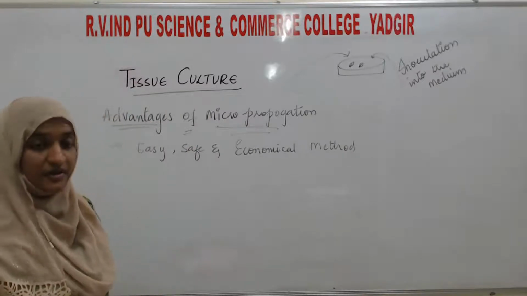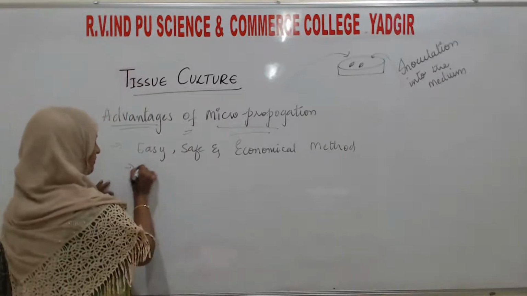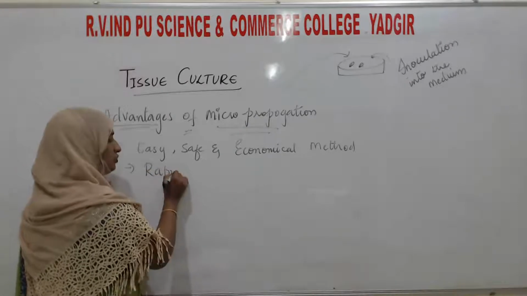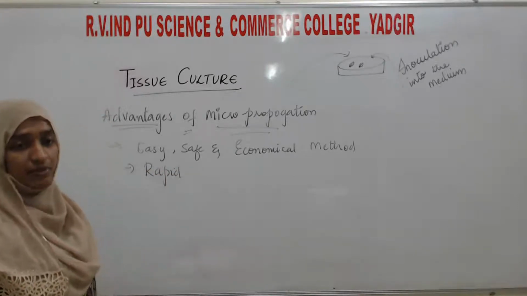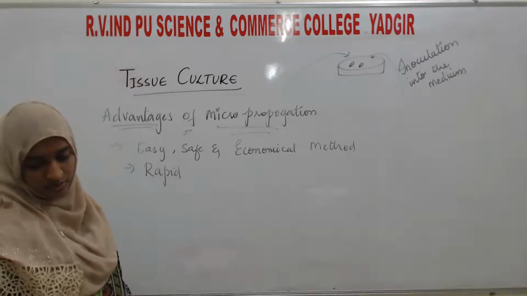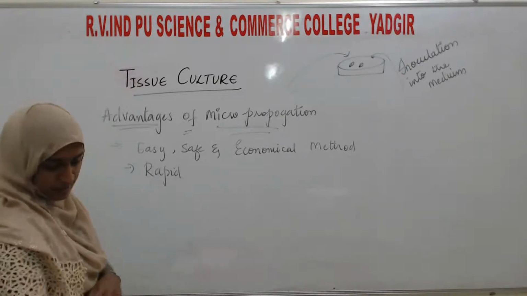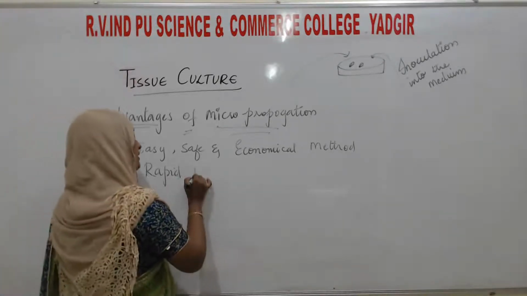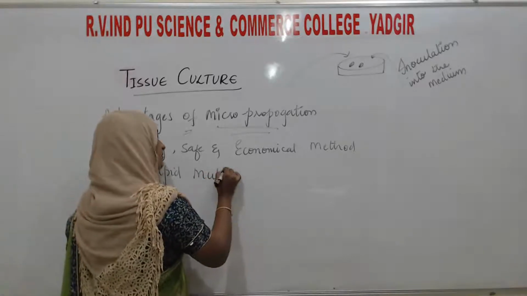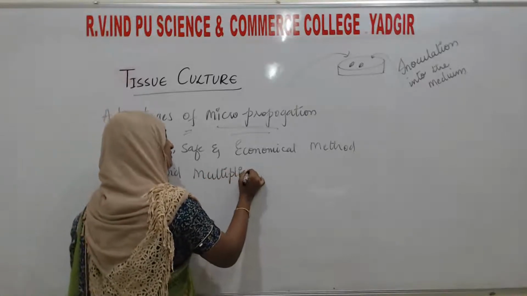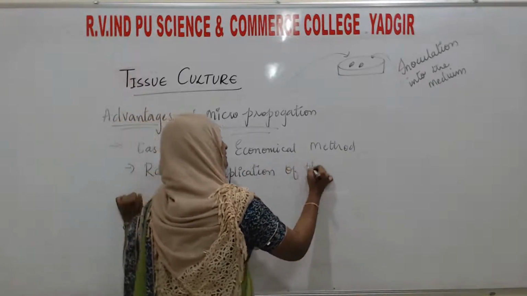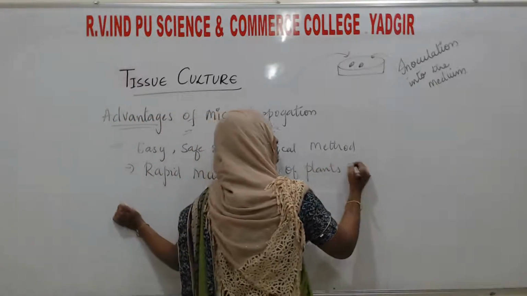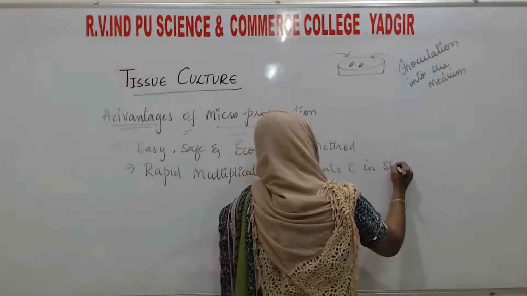Then it helps in rapid multiplication, because in a very short period of time you can see many plants growing. So it helps in rapid multiplication of plants within a short period of time.